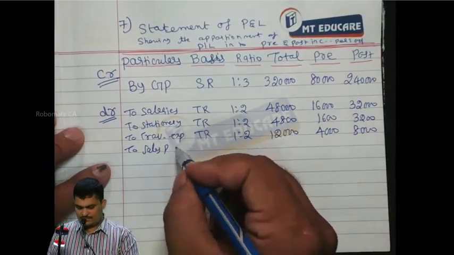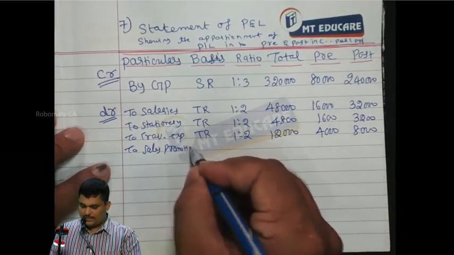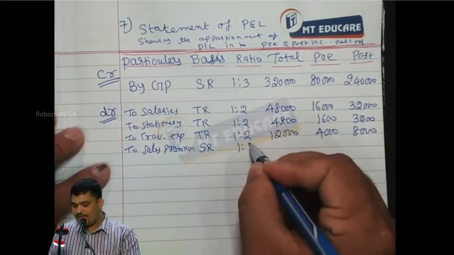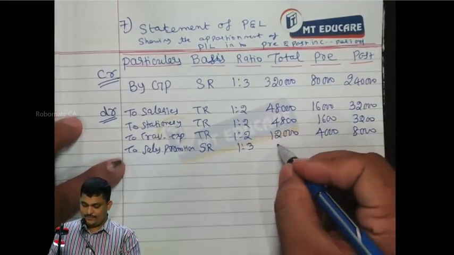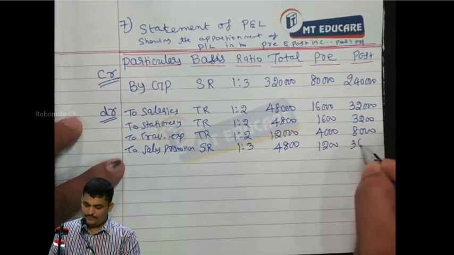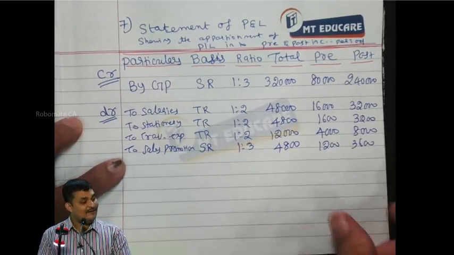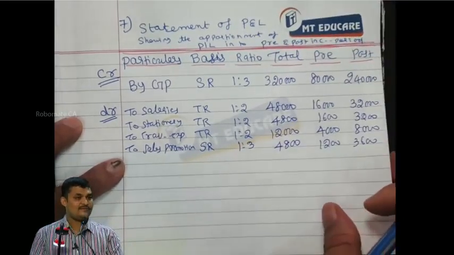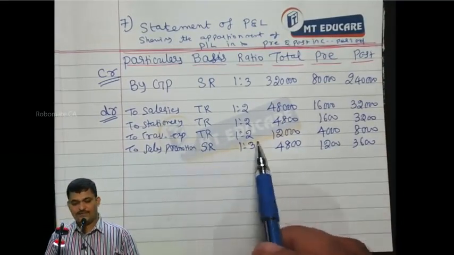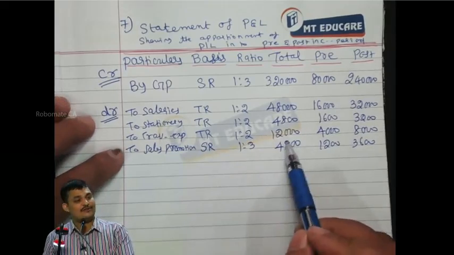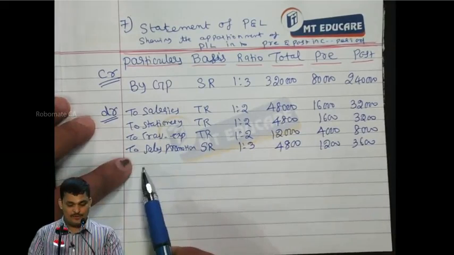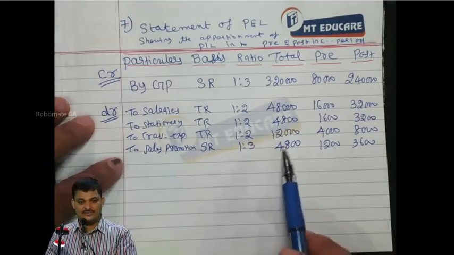Everybody? Sales promotion in the sales ratio 1:3. 4,000. This breakup we have shown in working note number 3. And the actual travel expense, one more. So actual travel expenses is 12,000 rupees, which will be apportioned in the proportion of time ratio, and sales promotion in the 1:3 ratio, sales ratio. Understood? Next one.